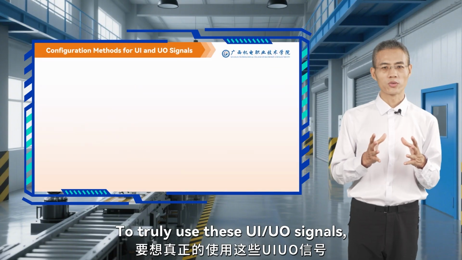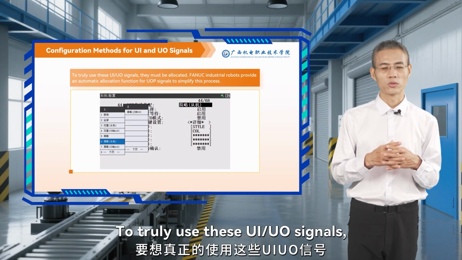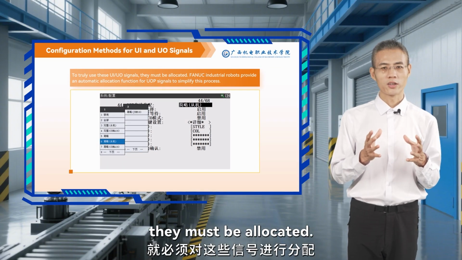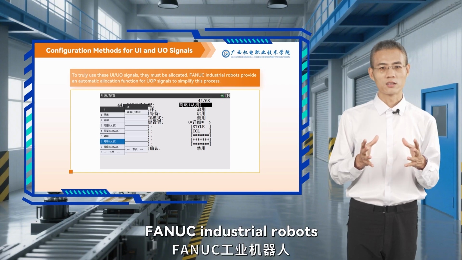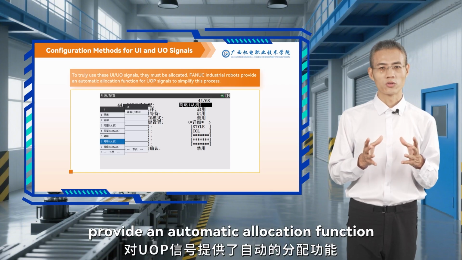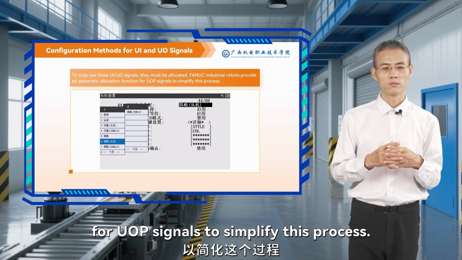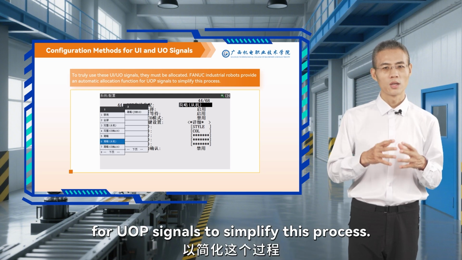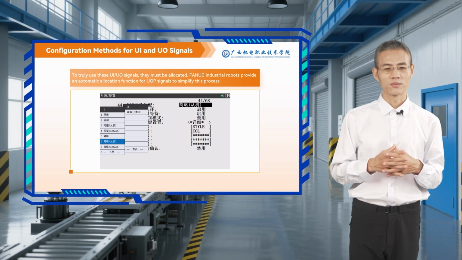To truly use these UI and UO signals, they must be allocated. FANUC industrial robots provide an automatic allocation function for UOP signals to simplify this process.